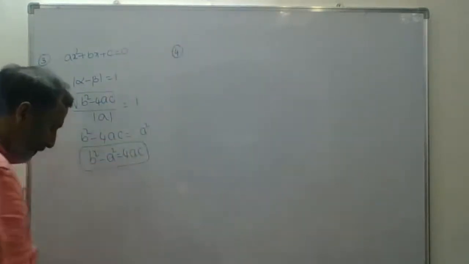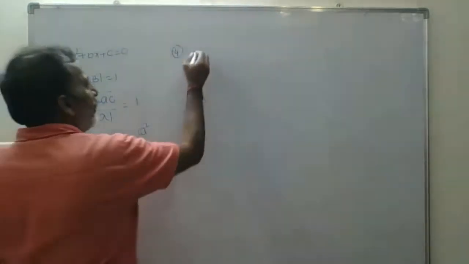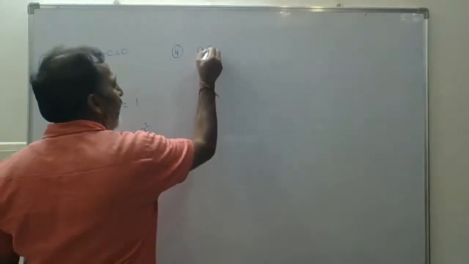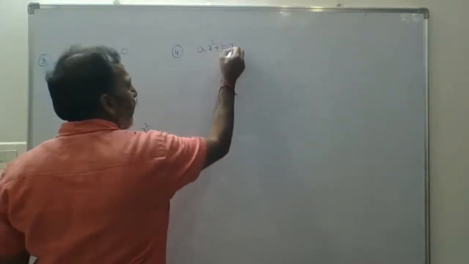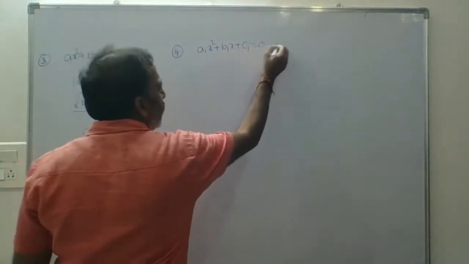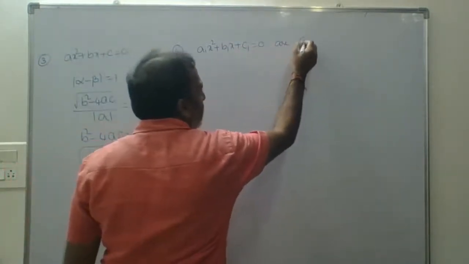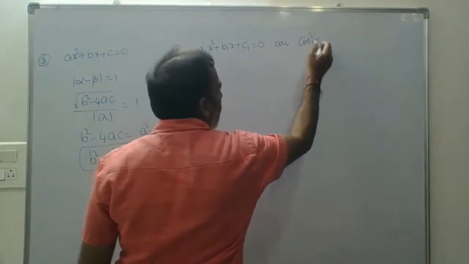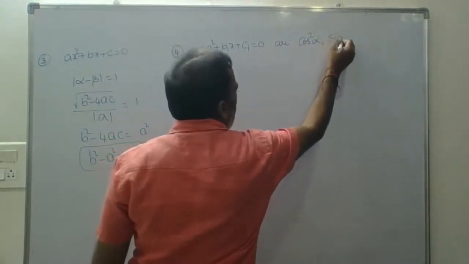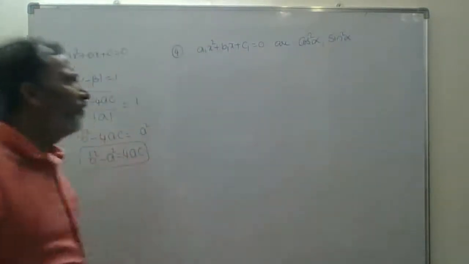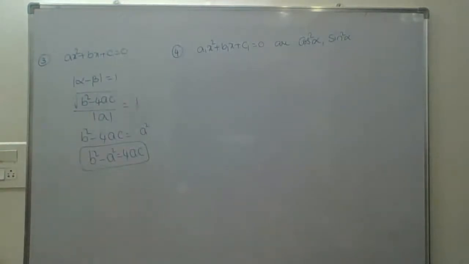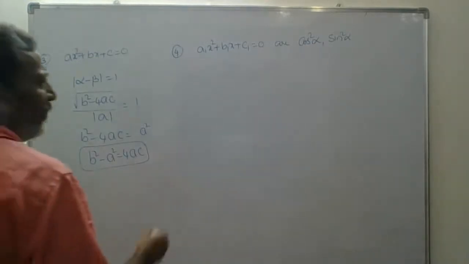The roots of a1x square plus b1x plus c1 is equal to 0 are cos square alpha, sin square alpha.